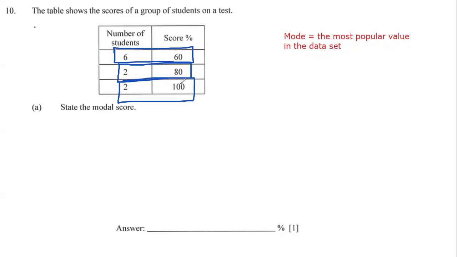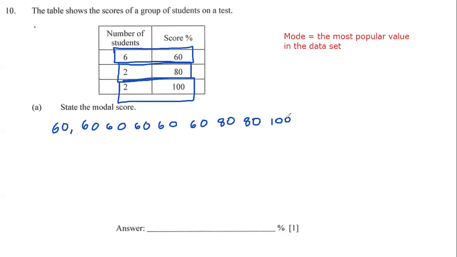And so what we have to do is, if we were to visualize it, you could see that this is 60. That's 1, 2, 3, 4, 5, 6. Then you have 80, then 100.